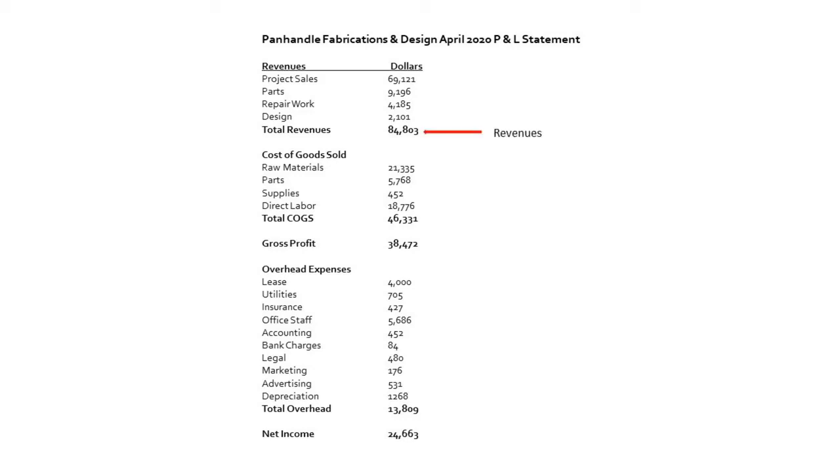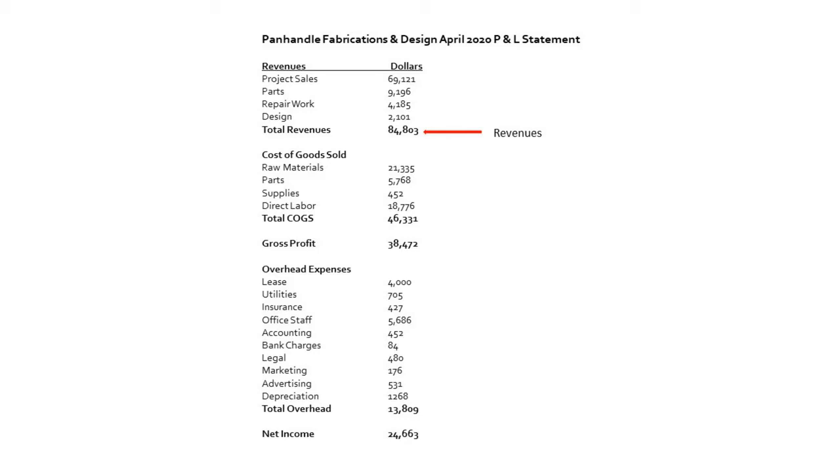The revenues always appear at the top of the profit and loss statement. On some statements they're called income, on others they're called sales, but it's all the same thing. It's the place where we capture all the revenues the business generated during a particular period of time. In this case, April of 2020.